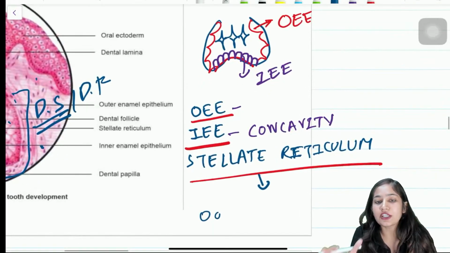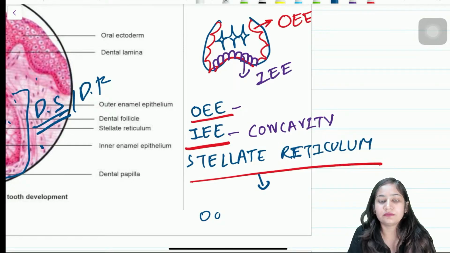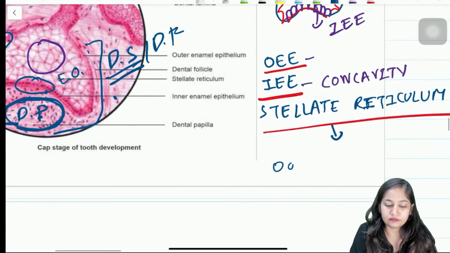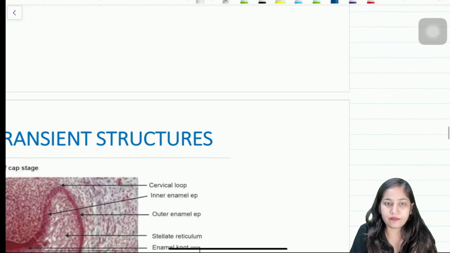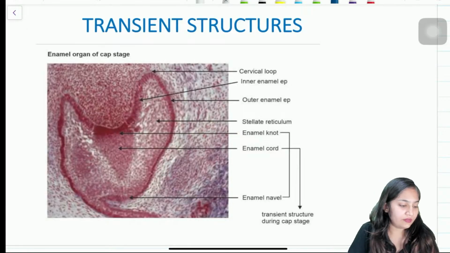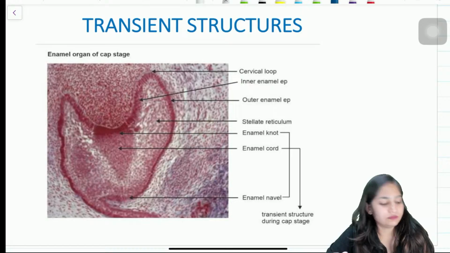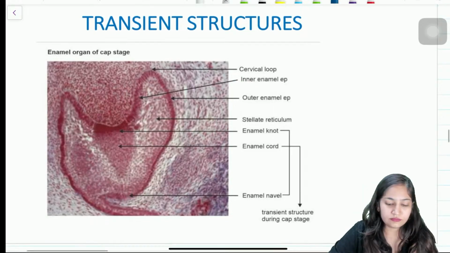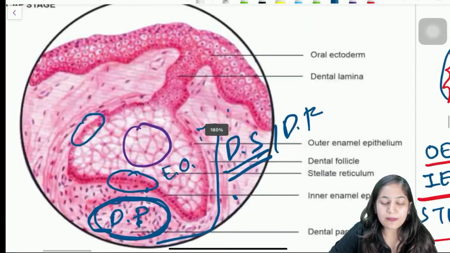So this star shaped network that is present in the cap stage is what? Anyone can answer? Here, the star shaped network is what?